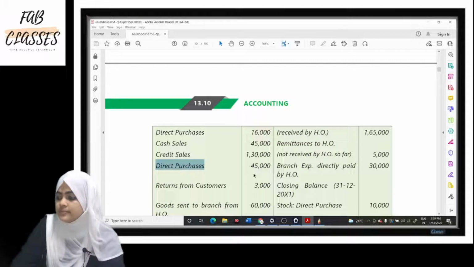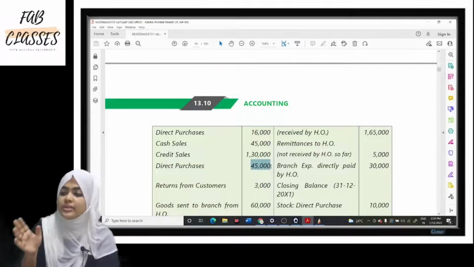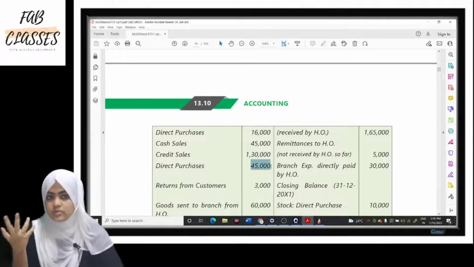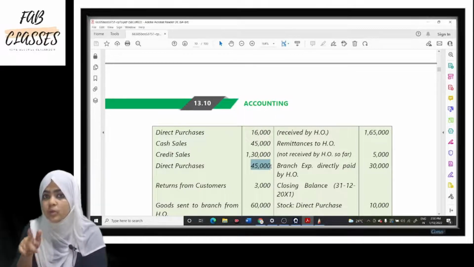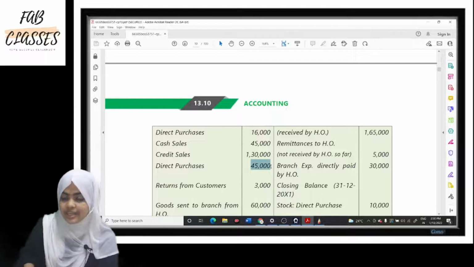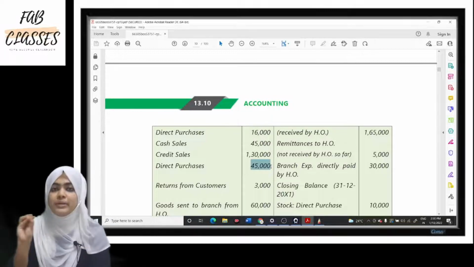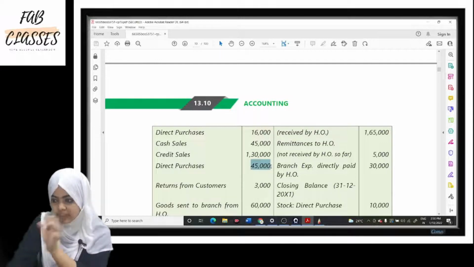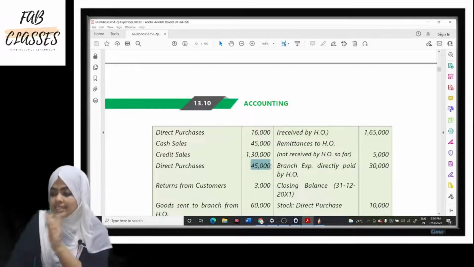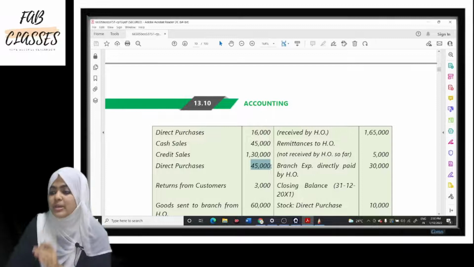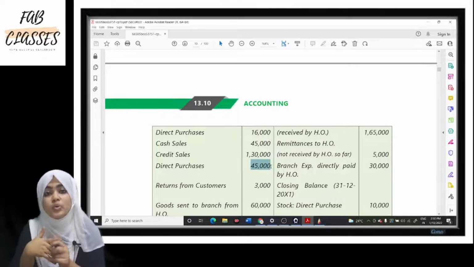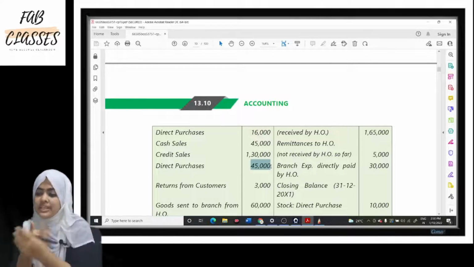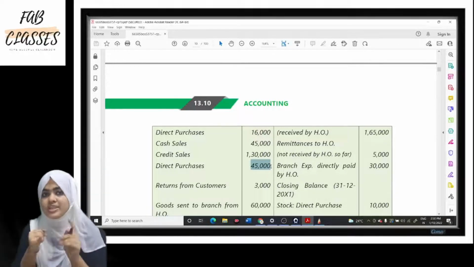Direct purchase is 45,000. The direct purchase has been done by the branch for 45,000 rupees, but the payment would be done by whom? Payment would be done by the head office, right? So in this particular illustration, the ICAI study material has considered this payment as credit and recorded it to creditors. That means money has not been given, but we can assume money has been given, and we can also record it as to cash or bank.